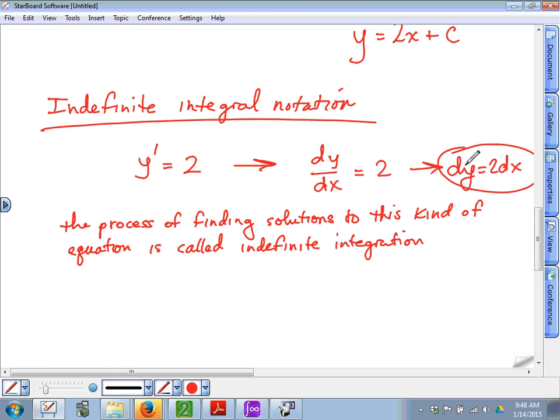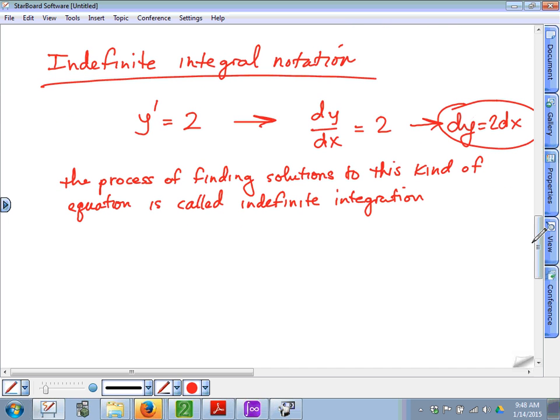So I used a specific example using 2. Let me use a more general example. You guys watching? So let's say that dy dx equals some function f of x.